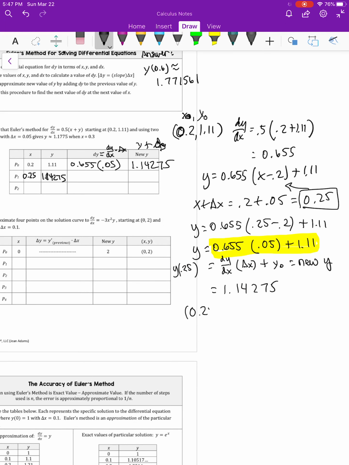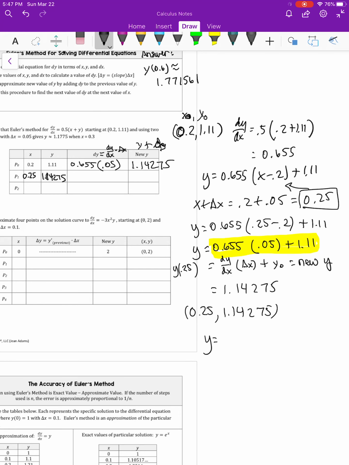So if we were doing it like the old way, we'd say, okay, for this point, 0.25, comma, 1.14275, we've got y equals, and then we would have to calculate the slope.